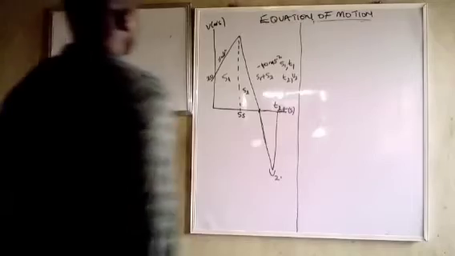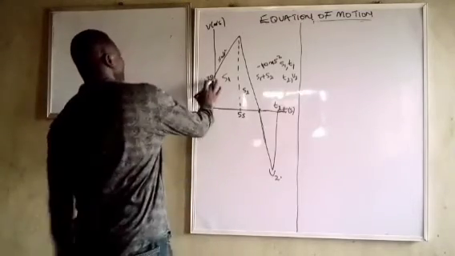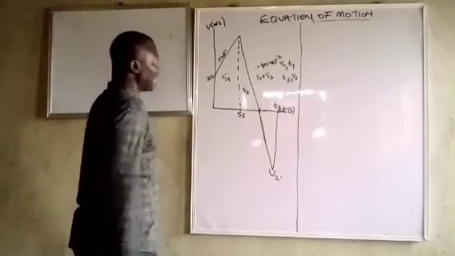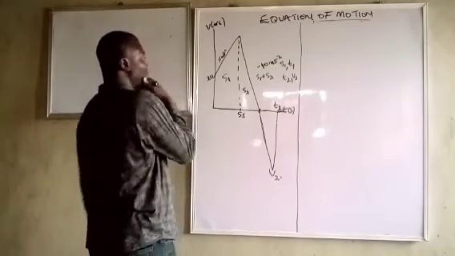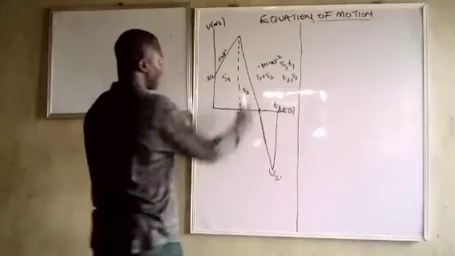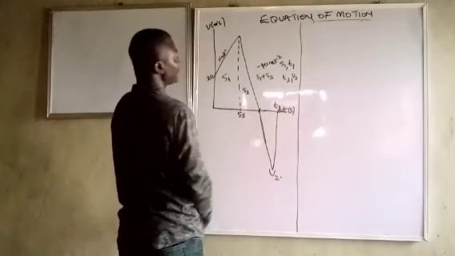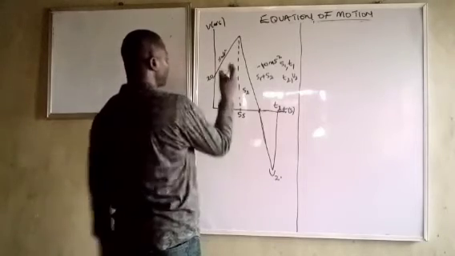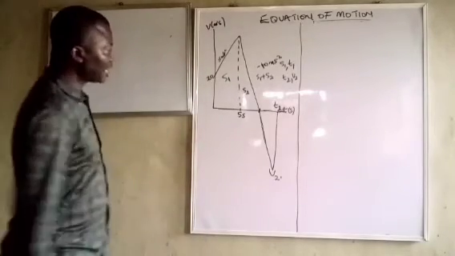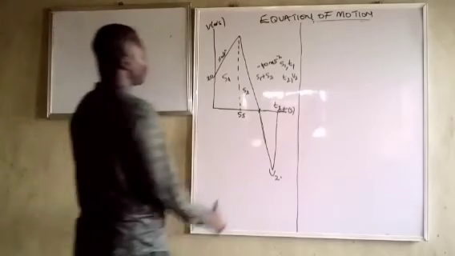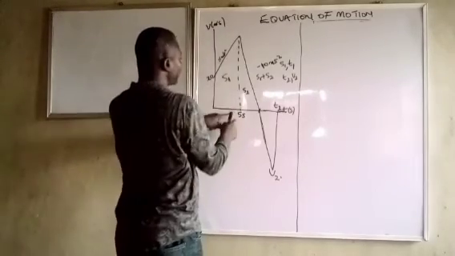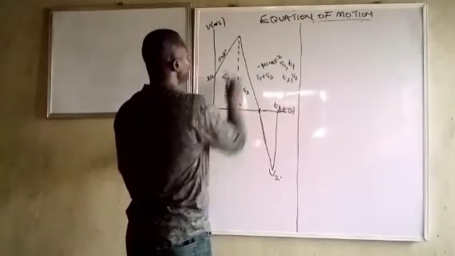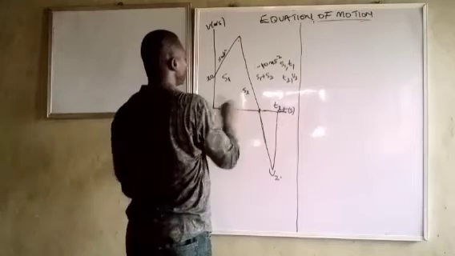In the question, we were made to realize that the particle passed through a point with 20 meters per second, accelerated for 5 seconds with 5 meters per second squared, and then decelerated with 10 meters per second squared, and continued until it passed through the original position. We were asked to find s1, the distance after 5 seconds, that is for the period of the acceleration.